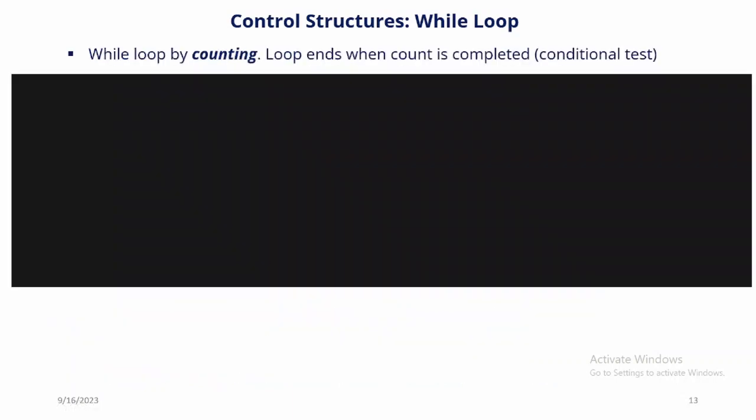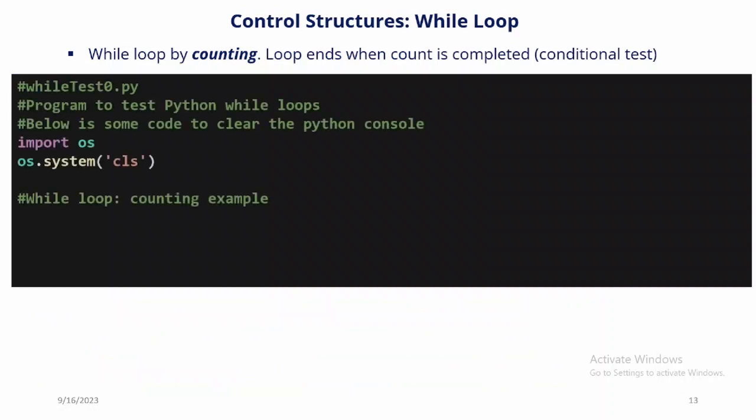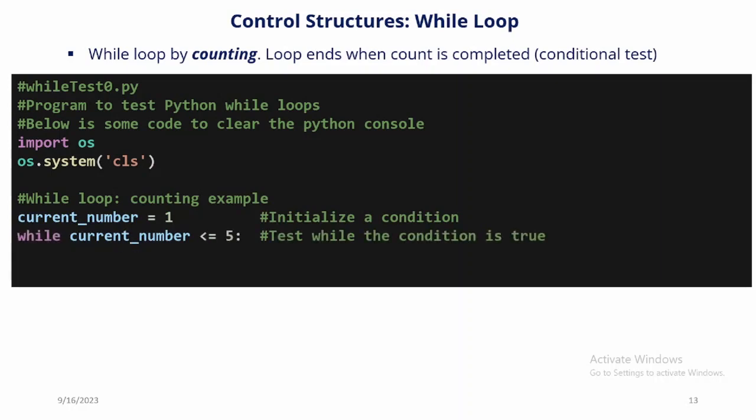So let's see examples. The first one is a while loop by counting. We call it while_test0.py. We create a variable called current_number equal to 1. We have initialized the condition we are going to use to count. So we say while current_number is less than or equal to 5, this is the beginning of our loop.